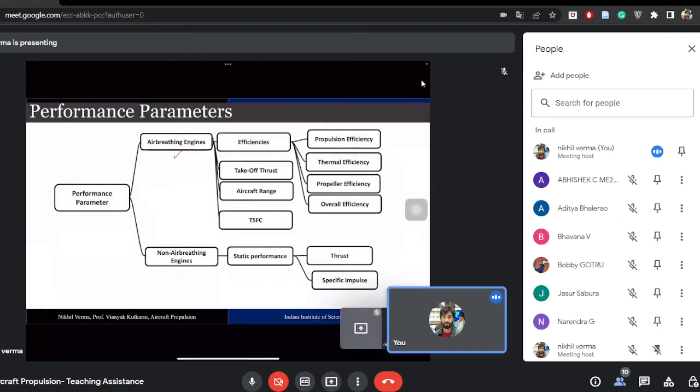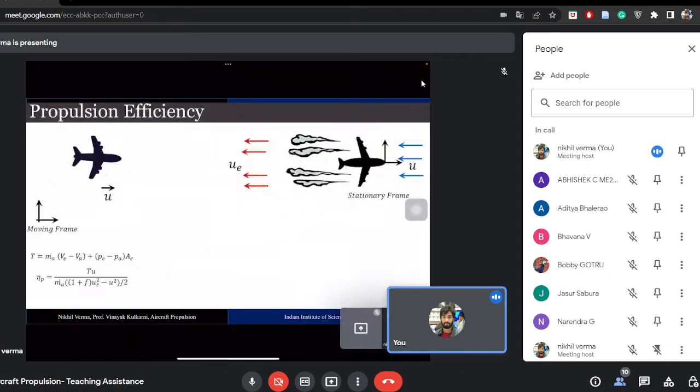So let us start with the efficiencies first for our air breathing engine. A propulsion efficiency basically represents how much of the kinetic energy that is being imparted to the exhaust gases is being transferred into thrust.